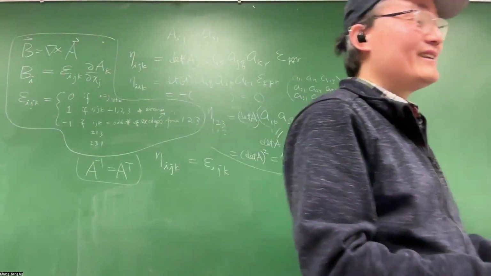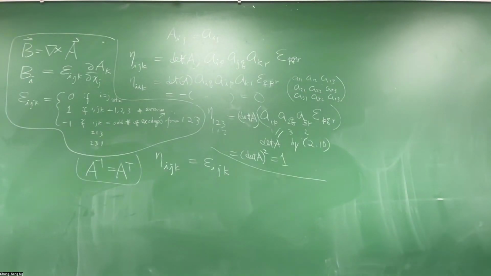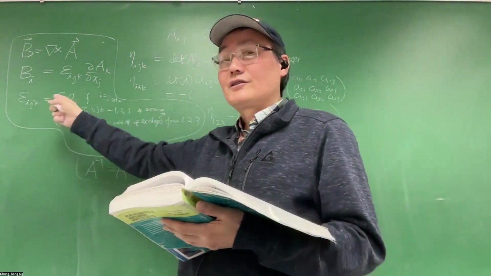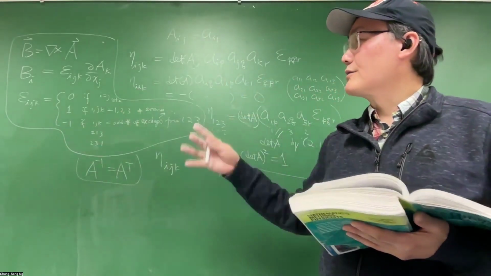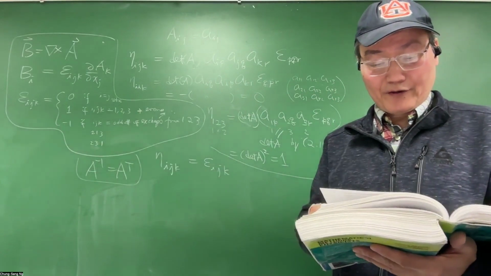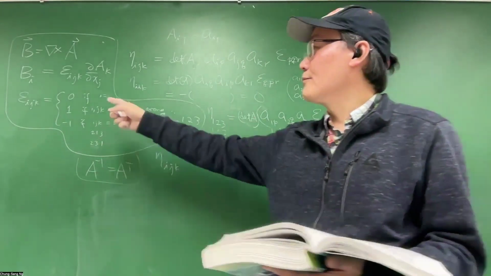Okay. It's a little abstract, but it's essential, even if it's a little bit difficult to grasp, because many physical laws involve this epsilon ijk. In many cases, we write physical laws involving it, like the curl, like the magnetic field.